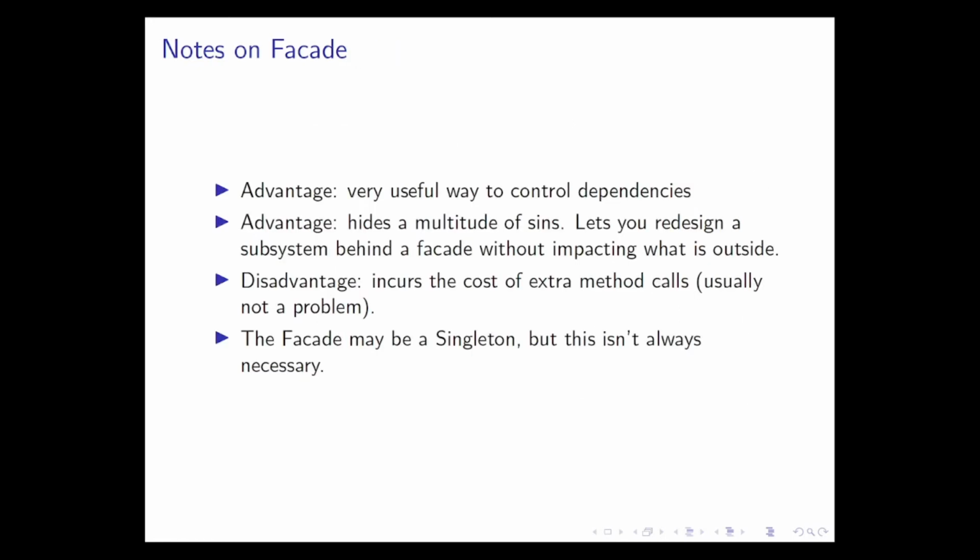This gives us a useful way to control dependencies, and it hides a multitude of sins, so it lets you, at your leisure, redesign the subsystem behind the Facade, and whatever's outside doesn't need to know about it. It can, of course, incur the cost of extra method calls, but usually that's trivial, so that's not usually a thing to worry about. The Facade itself might be a Singleton. That's often a convenient way to use Singleton, but it isn't always necessary, so just watch out for that.